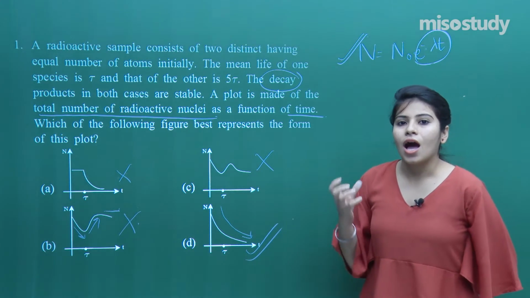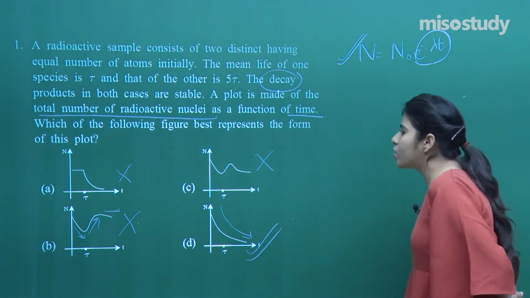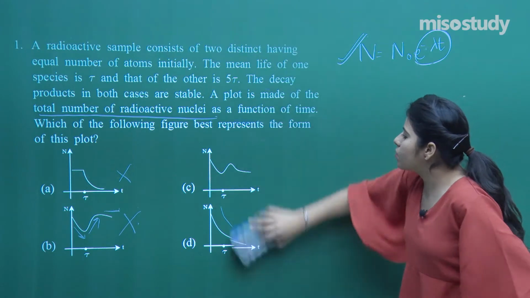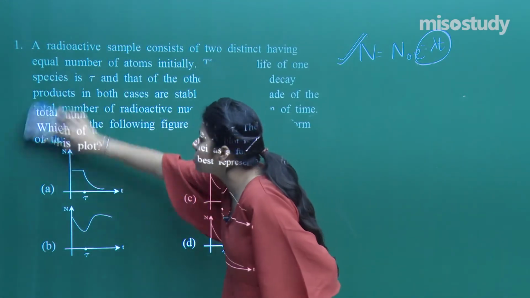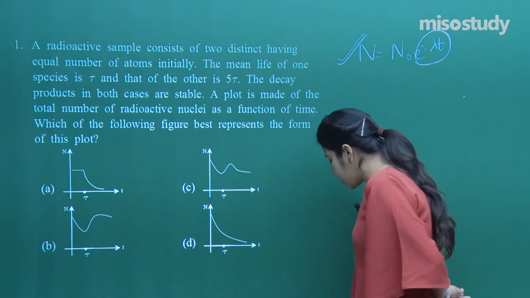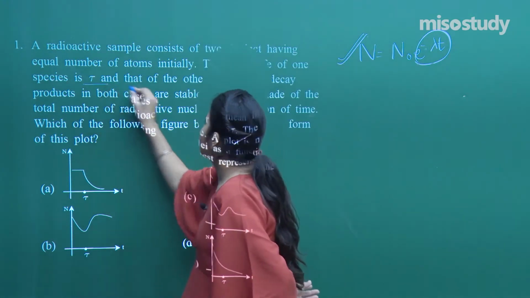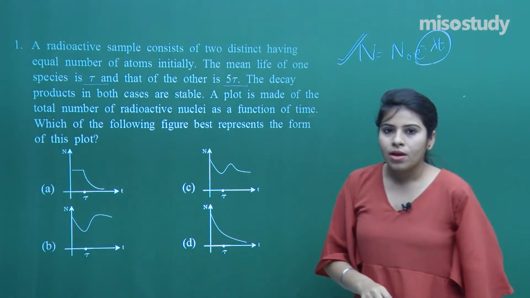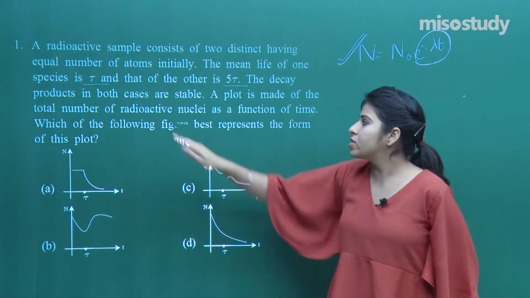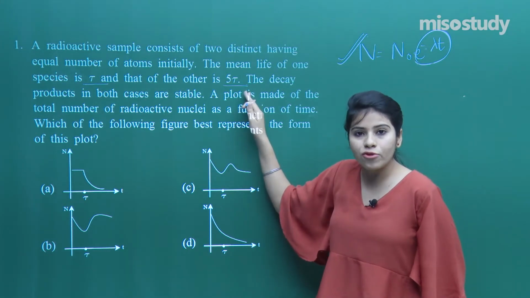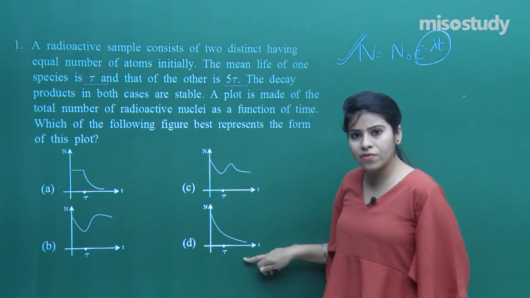You can see how you can relate your knowledge with the question that has been given over here. I think some people might get confused at this situation where you will see this tau and 5 tau. But you do not have to worry about the situation. You just have to focus on the graphs that have been given.